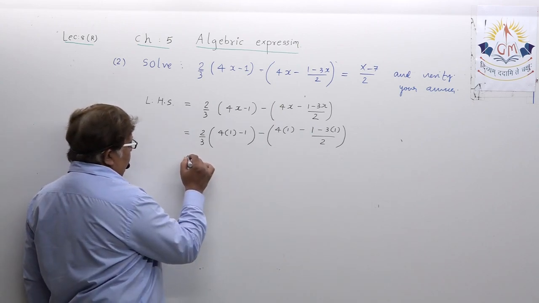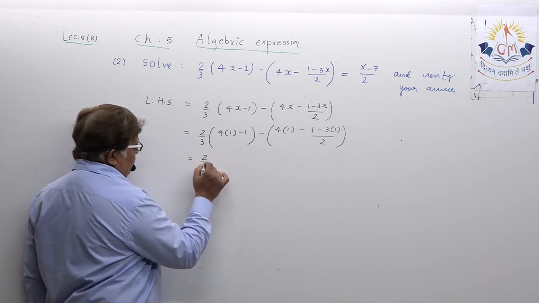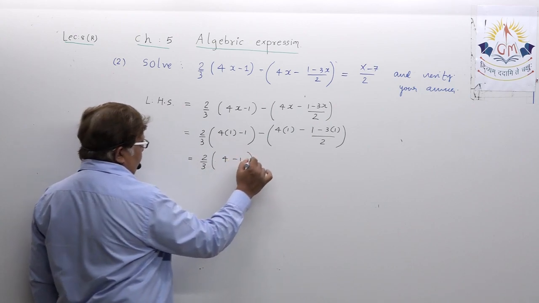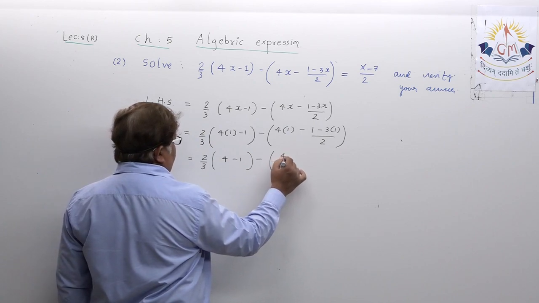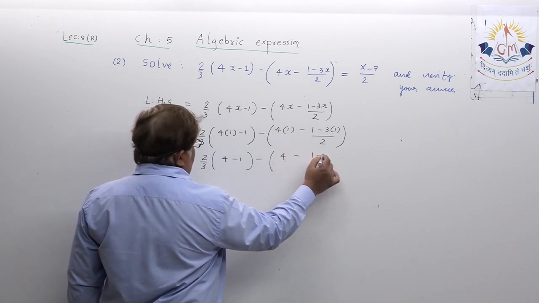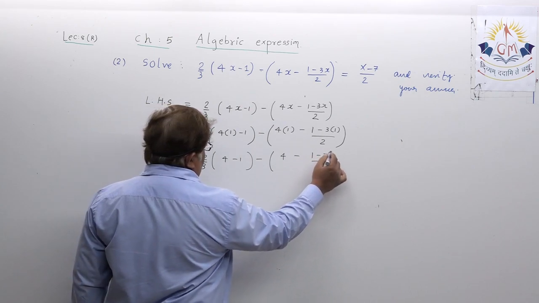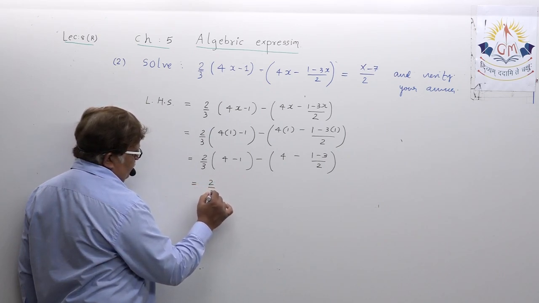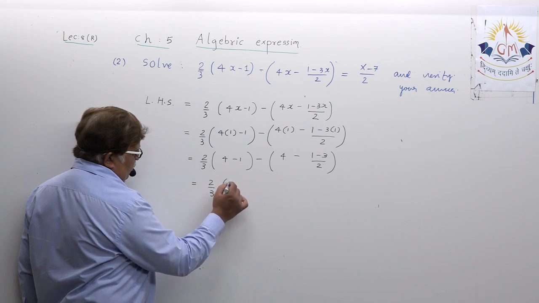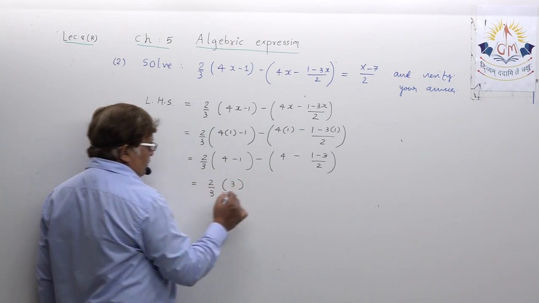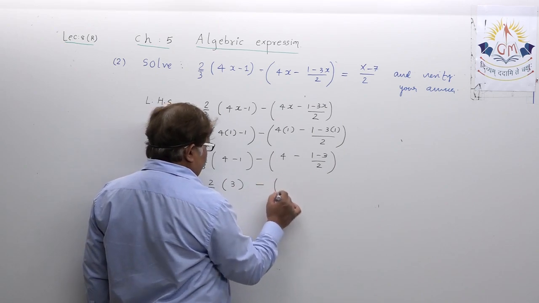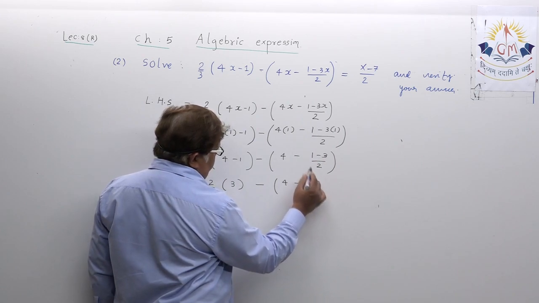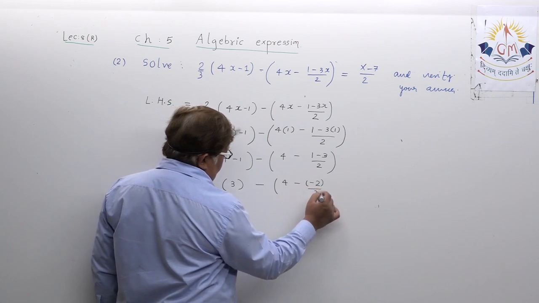Okay, now let us verify. 2 upon 3 into 4 1 ja 4 minus 1, minus 3 upon 2. 2 upon 3 into bracket 3 minus 4 minus 1 minus 2, that is 1 minus 3, that is minus 2 upon 2.